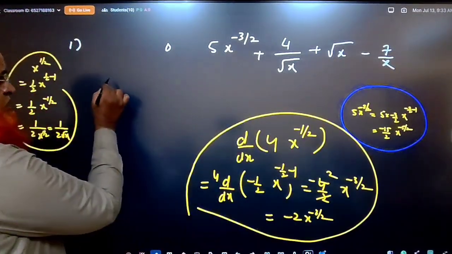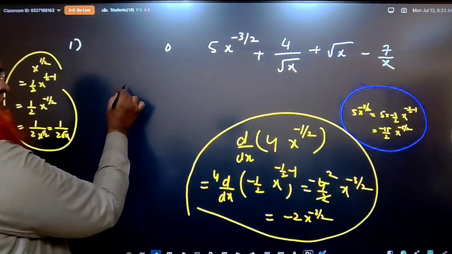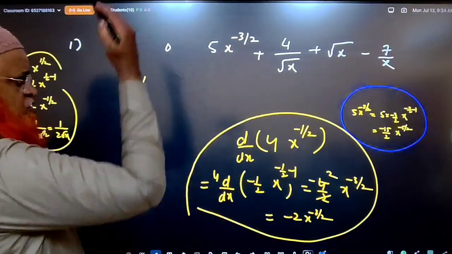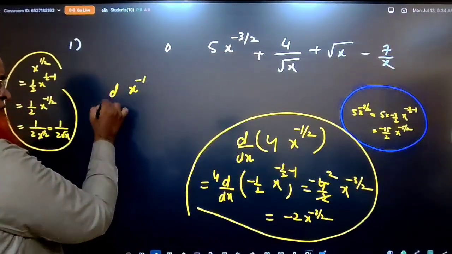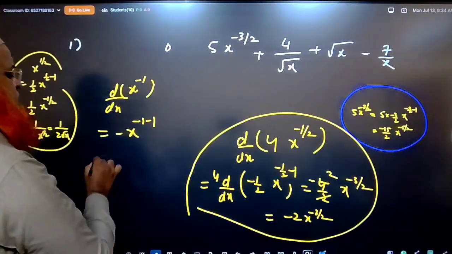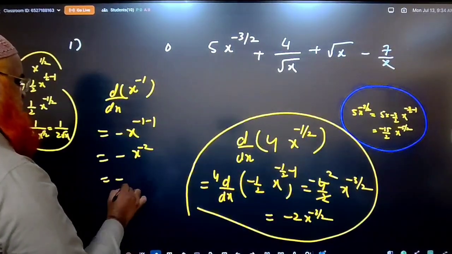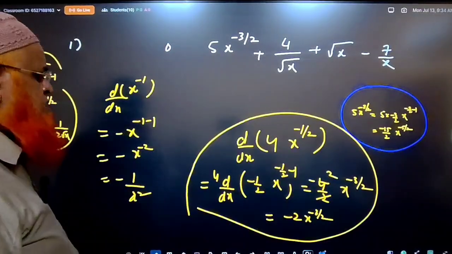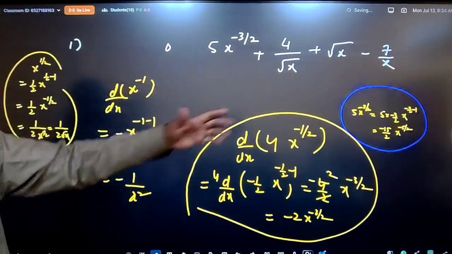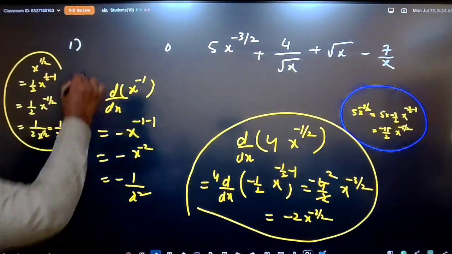Next, what is the differentiation of minus 7 by x? Minus 7 is going to be a constant. x comes to the numerator and becomes x power of minus 1. So d by dx of x power of minus 1 is minus x power of minus 2, which is minus 1 by x squared. So whenever 1 by x comes, you can just write minus 1 by x squared.